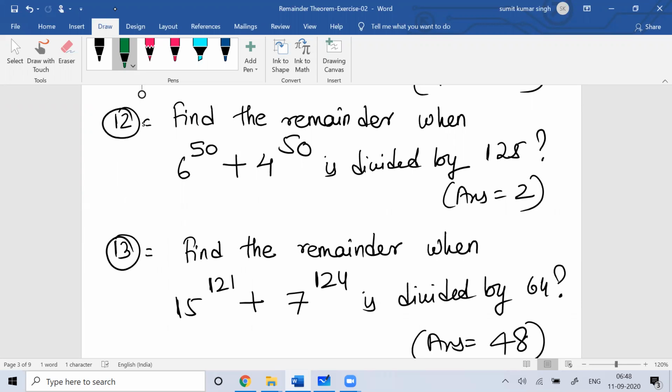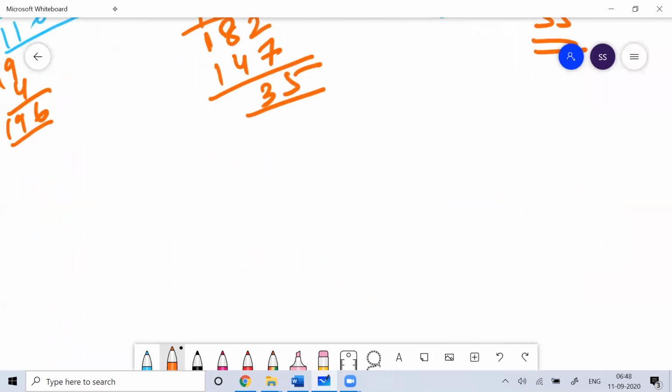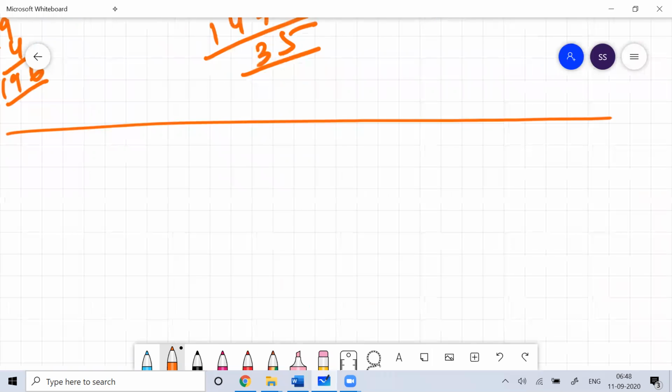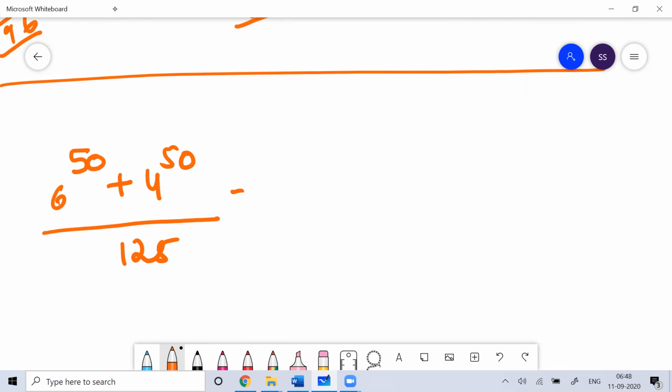Okay, so 6 to the power 50. So here if I want to check 6 to the power 50 plus 4 to the power 50, when you divide it by 125, what is the remainder?